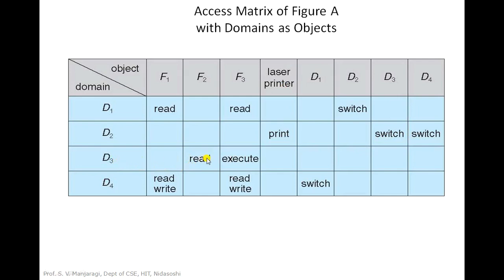For domain D3, read and execute permissions are set for file objects F2 and F3 respectively for the processes of domain D3. In the last row, for domain D4, there are read and write permissions for F1 and read and write permissions for F3, and switching is possible from D4 to another domain, D1. So the switching for different domains is indicated here. Hence the domains are acting as objects to indicate the switching operation. That is called domain switching.